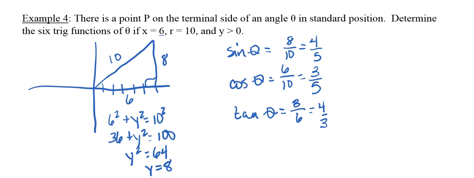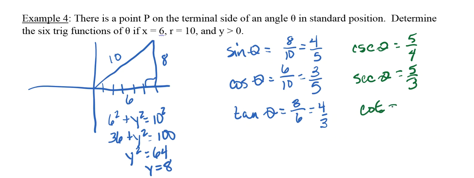Go ahead and do the reciprocals. Cosecant would be 5/4. Secant would be 5/3. And cotangent would be 3/4.